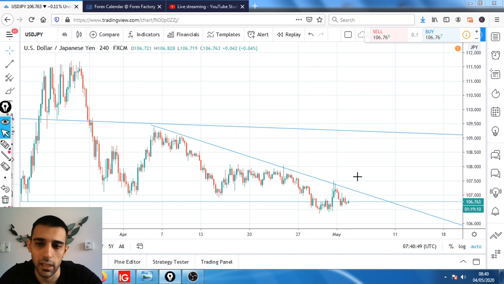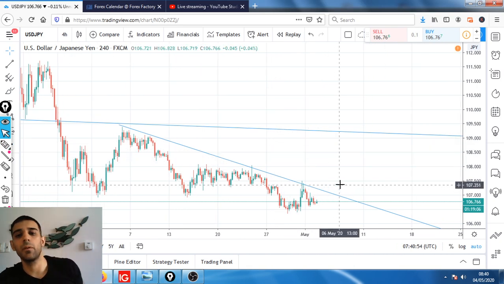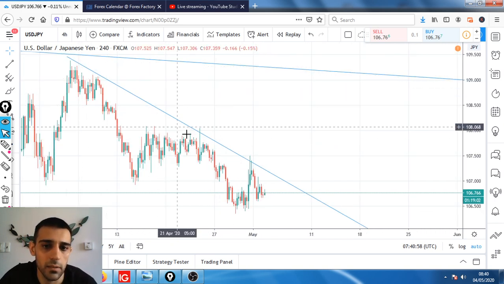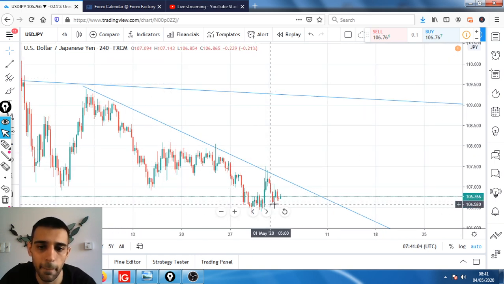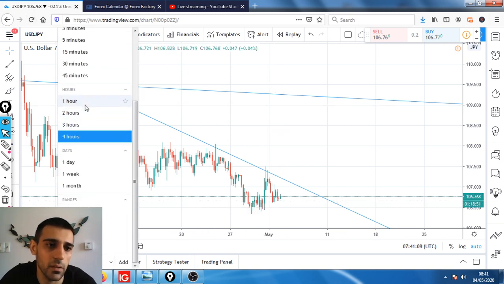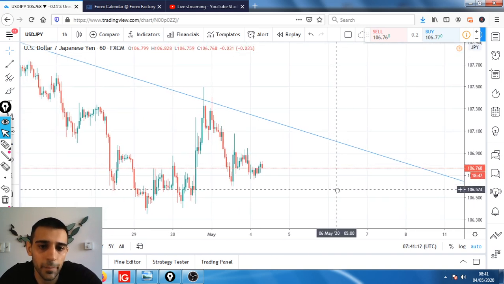The trend could look up on the daily and down on the 4-hour, so that's why I need to see. So far on the 4-hourly it looks good, they're both looking down. However, we still have what looks like a lower high. So let's go to the 1-hourly time frame to have a clearer view.